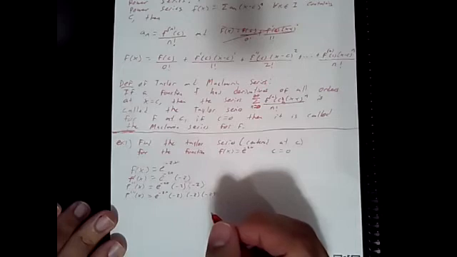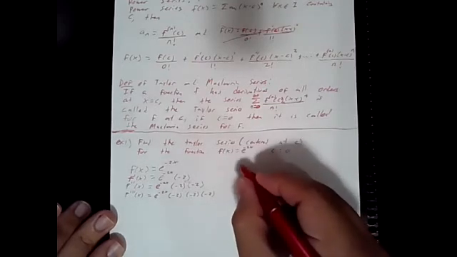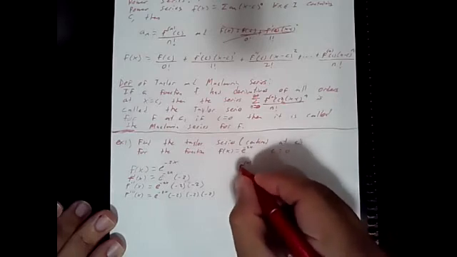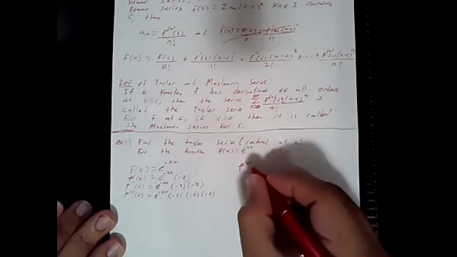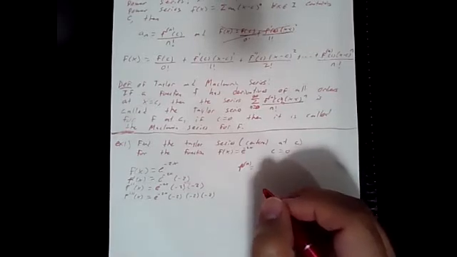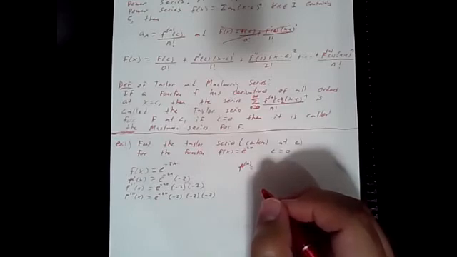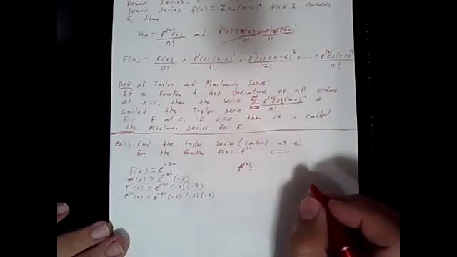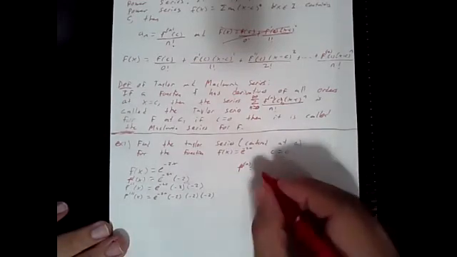So what is the pattern for the derivative, the nth derivative? It's e to the negative 2x, and then it's gonna have negative 2 raised to the n.